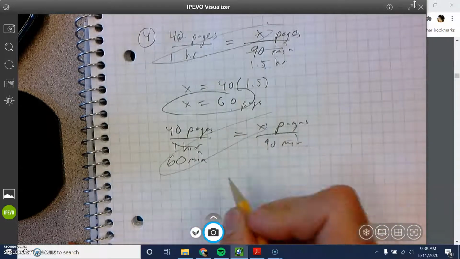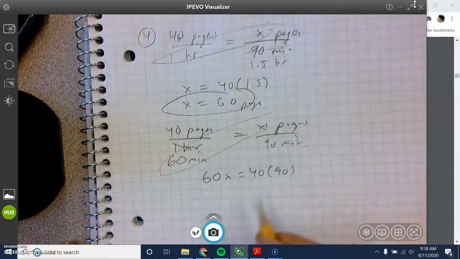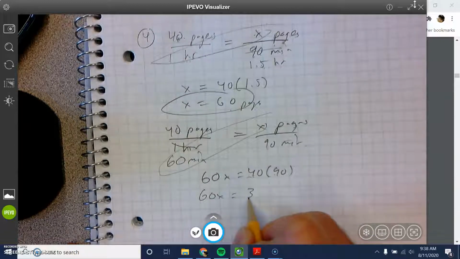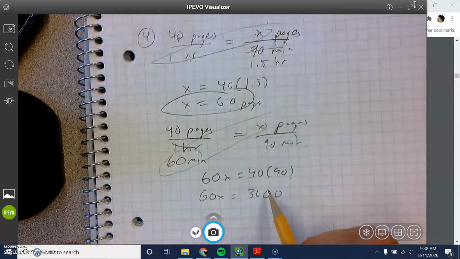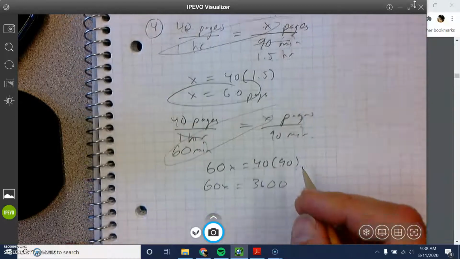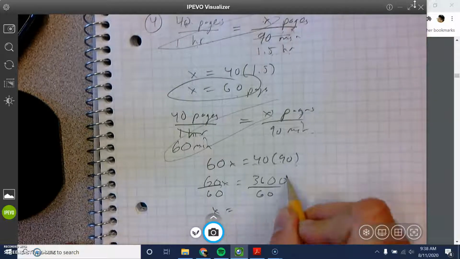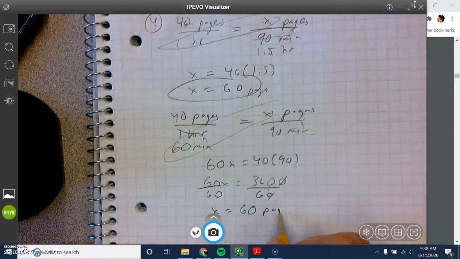X times 60 is 60X. 40 times 90, I know that 4 times 9 is 36, and then zoom the zeros. That's how you multiply factors of 10 really easily. Divide by 60, divide by 10, and then that's going to be 60 pages.